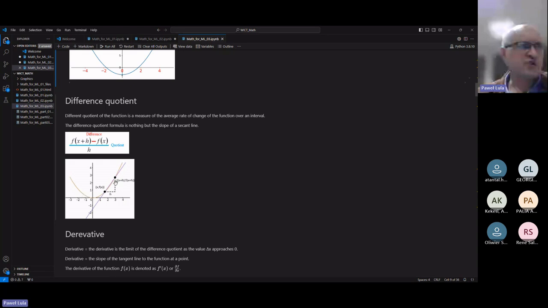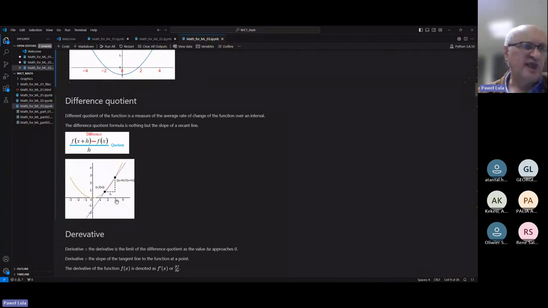We have a function. This function is represented here using this maybe not yellow, but something between yellow and brown line. This yellow line here was used for presenting this function. And I calculated a value of this function for x equal to 0.5. It is here, and the value is here.